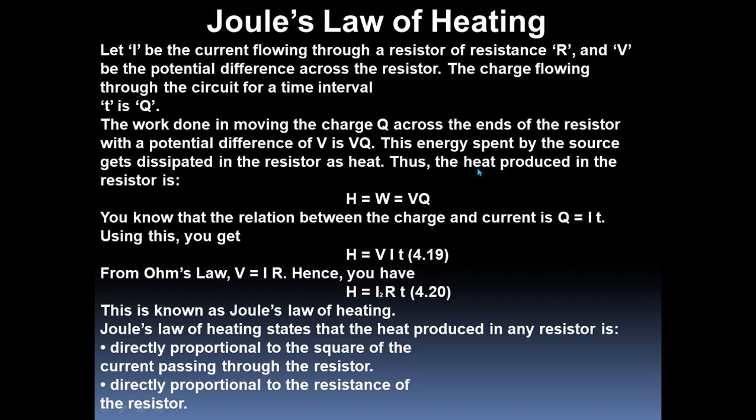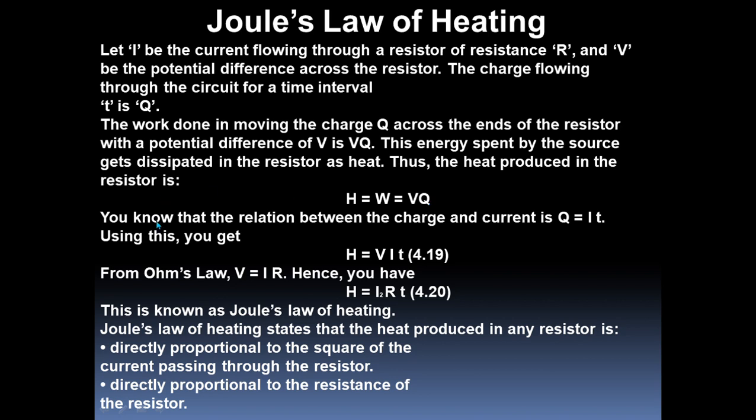Thus, the heat produced in the resistor is H = W = VQ. Heat is a kind of energy, and energy is nothing but work. So H = W = V into Q, the product of the potential difference and charge.